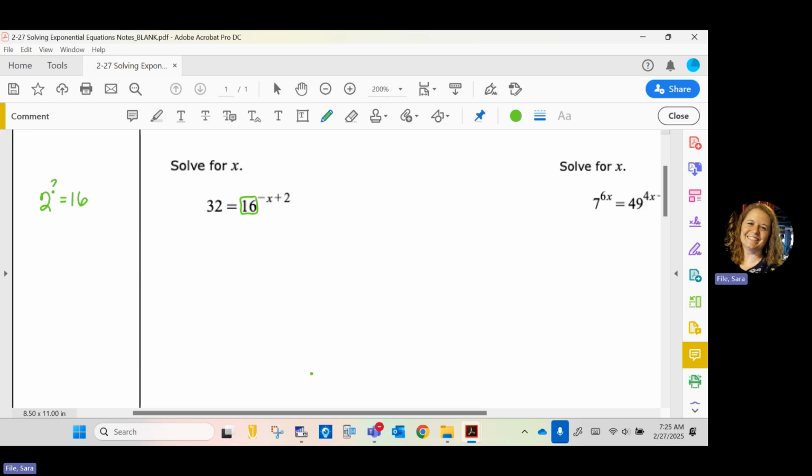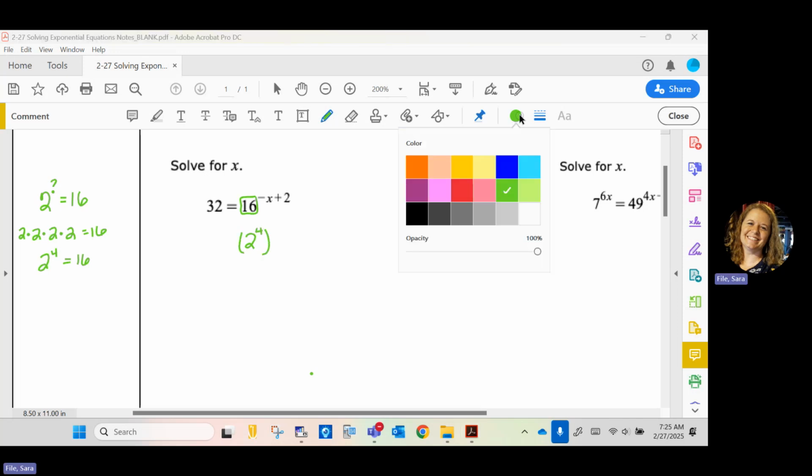I don't know for certain that it will, but I'm going to go through and try. Okay, 2 times 2, that's 4, times 2, that's 8, times 2, what is that? That's 16. So how many 2's are there? So that means 2 to the 4th power is 16. So I can make that substitution of 2 to the 4th power.